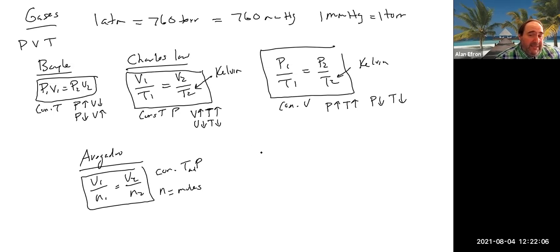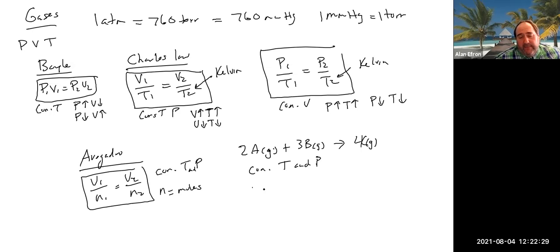And we could actually relate this to gas stoichiometry when we're involved with a reaction that involves gases. Instead of doing a mole to mole relationship, we could do a volume to volume relationship if we're at constant temperature and pressure. So again, got to be at those conditions.